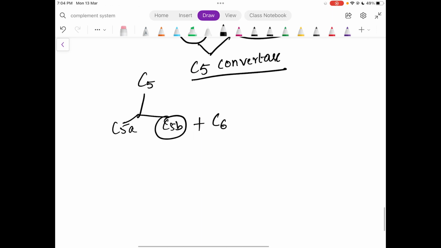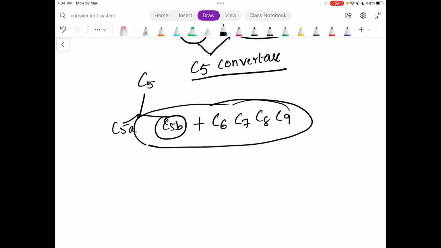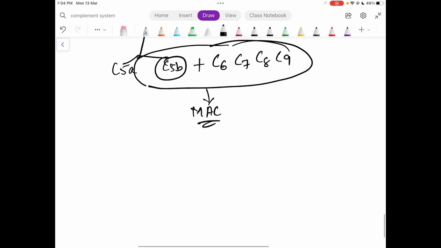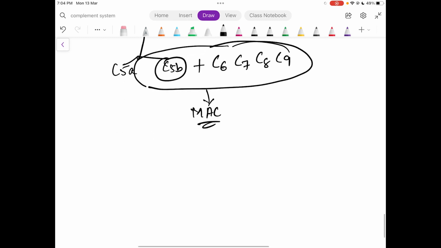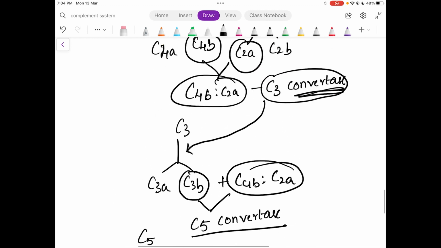This will combine with C6, C7, C8 and C9, and all together they will form the membrane attack complex, and the process repeats the same as in the classical pathway. This is about the lectin pathway. What is happening here?